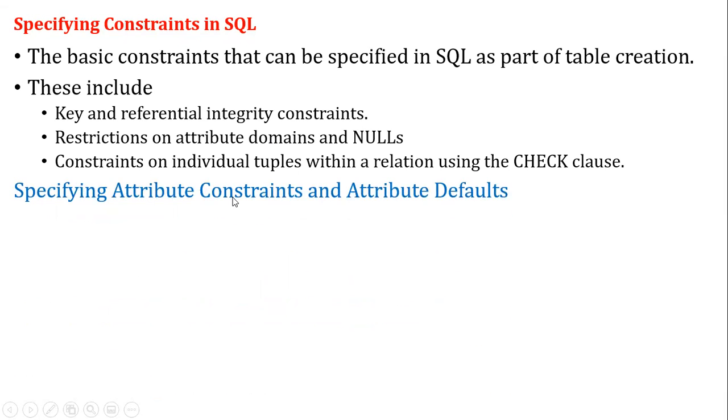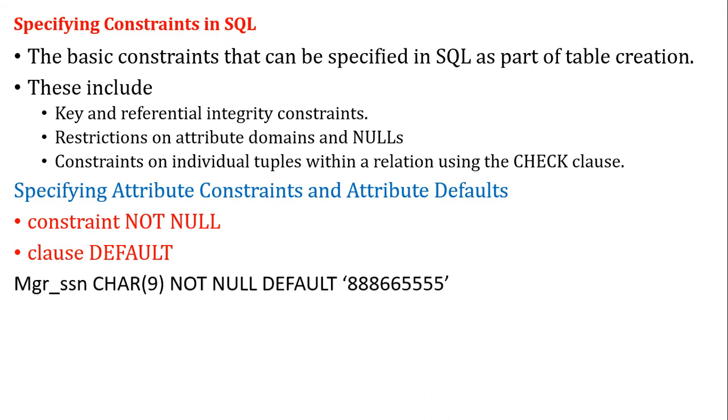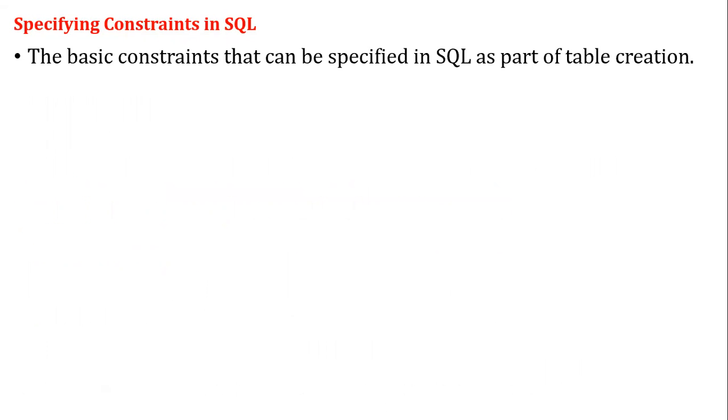Then we'll use constraints on attributes. An attribute can be null or it can have a default value. It can be specified, or we can take the help of check constraints. So we have different types of constraints that can be used while creating tables.